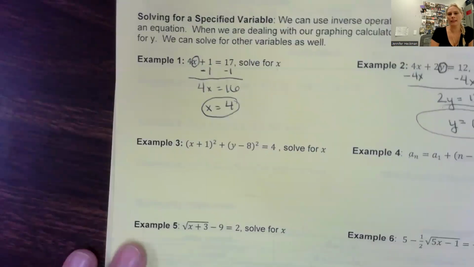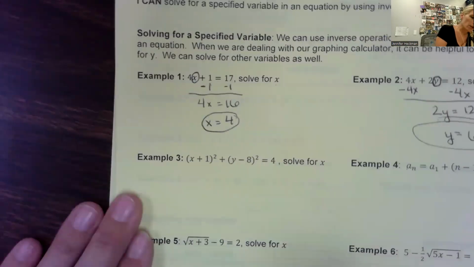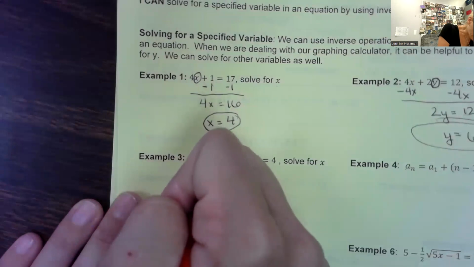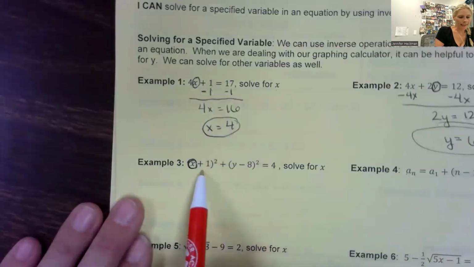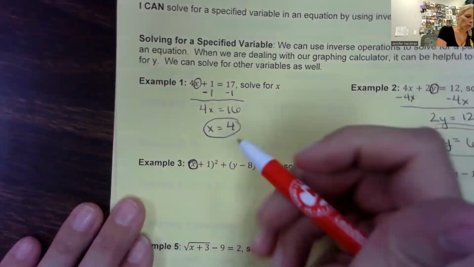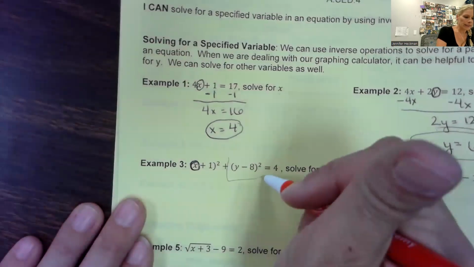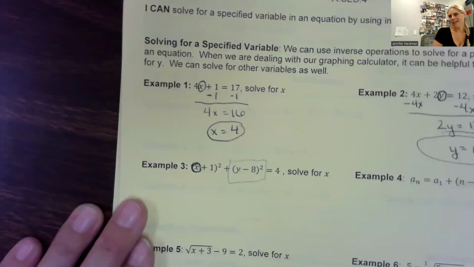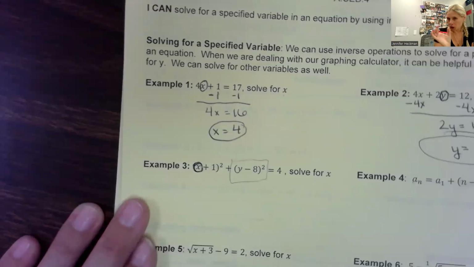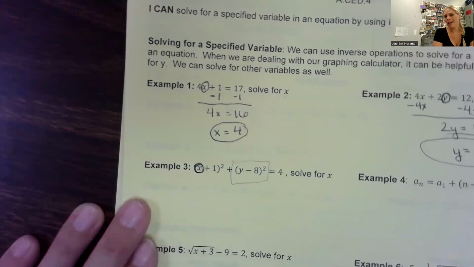All right, let's get into some trickier things. So we're solving for x. We're trying to get x by itself here. We have a lot on this side that's with x. What's furthest away is this whole y minus 8 squared. What is that whole section doing to x right now?